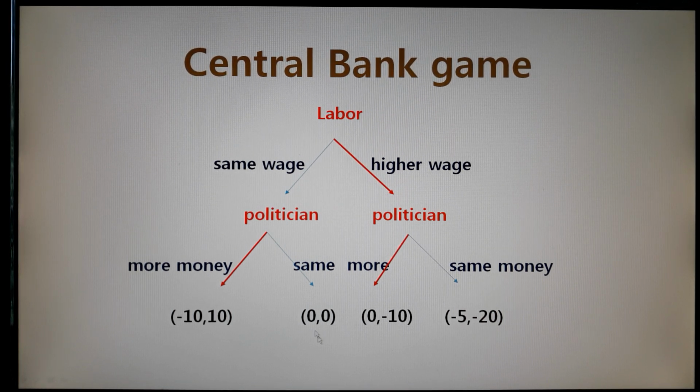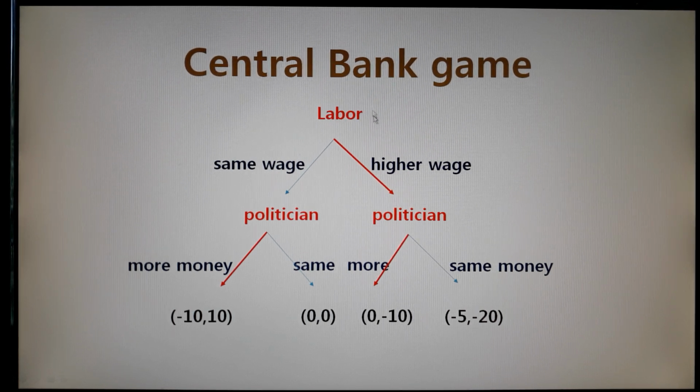It's no inflation, no increase of the production. It's 0. But here, same wage, more money, it's 10. So whether the labor increases the wage or maintains the same wage, the politicians, by backward induction, always print out more money. That is the best interest for the politicians.